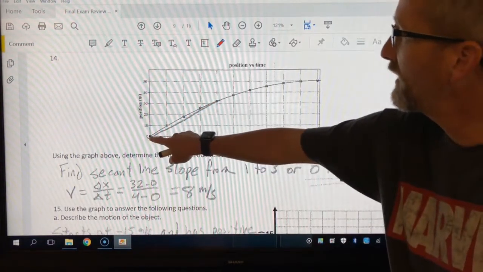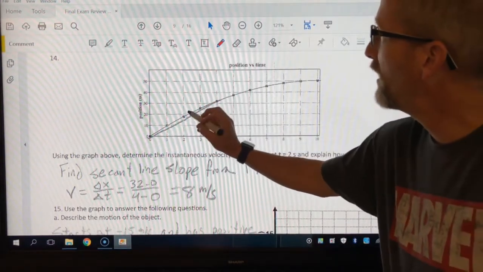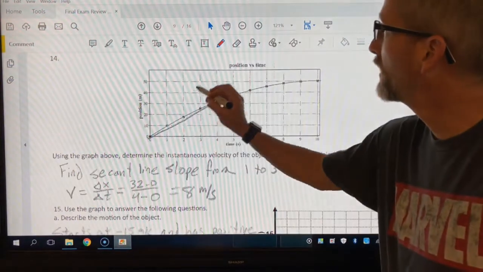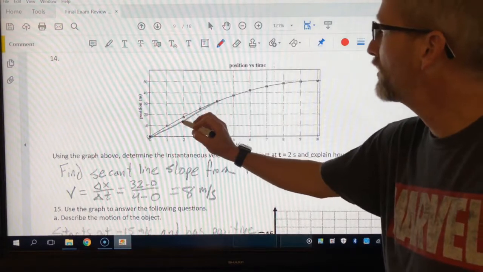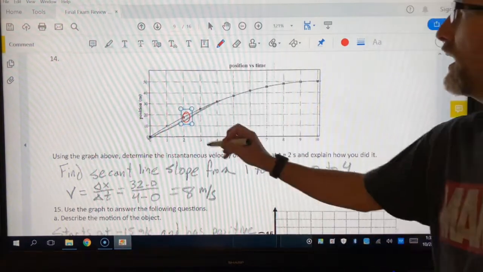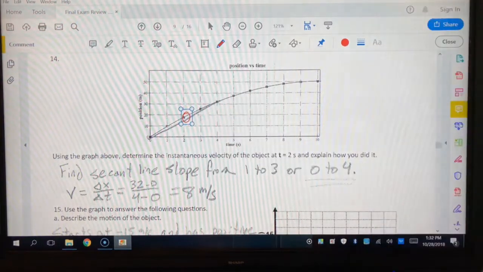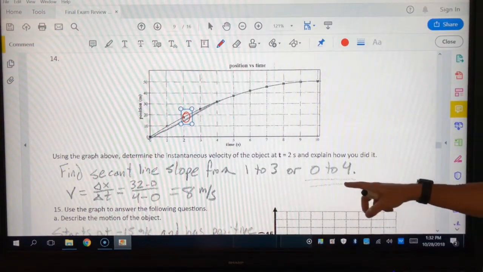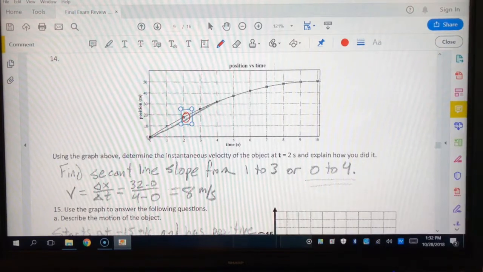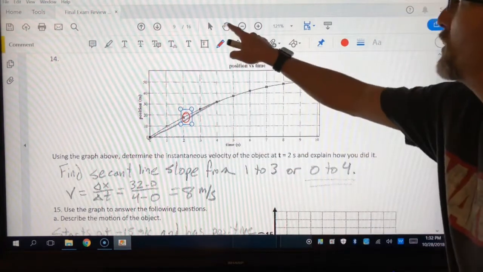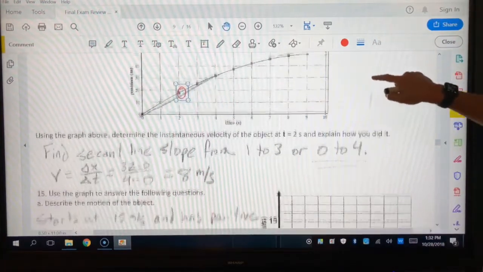And you'll see this is my dot that I want right here. That's the one I want to look at. So I'm going to go 2 to the left and 2 to the right and draw my secant line. The slope of that secant line is 8 meters per second, and that's how fast it's traveling at the 2 second spot.